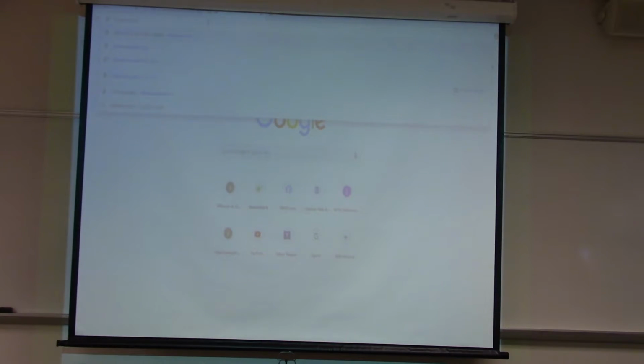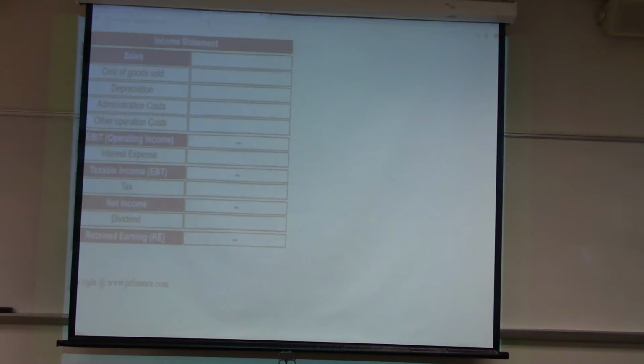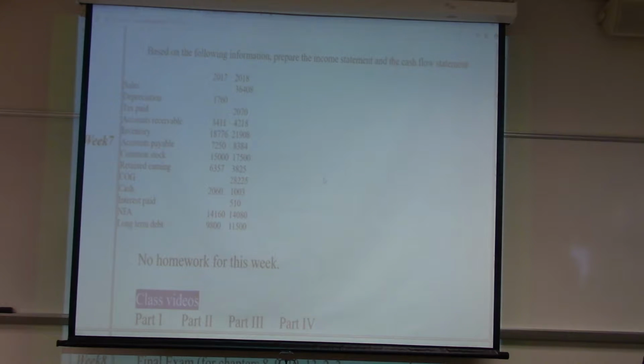Let's give it a try for income statement. You can prepare in the exam. I'm asking you to prepare income statement based on the information given here. You should try to prepare income statement for 2018. So now prepare income statement and cash flow statement.